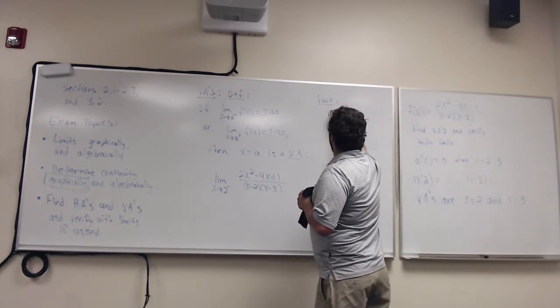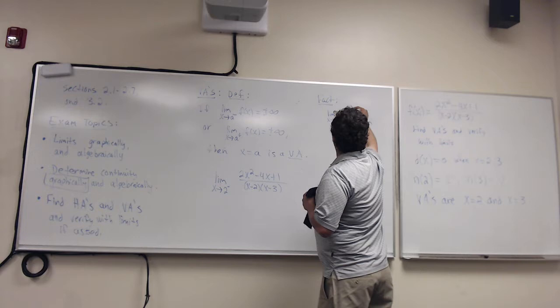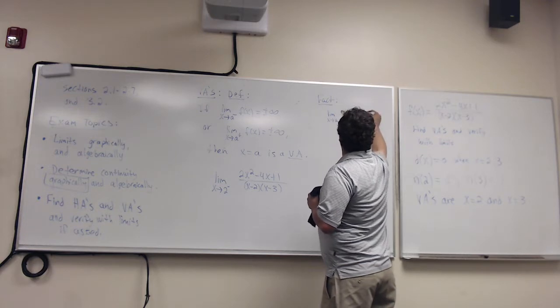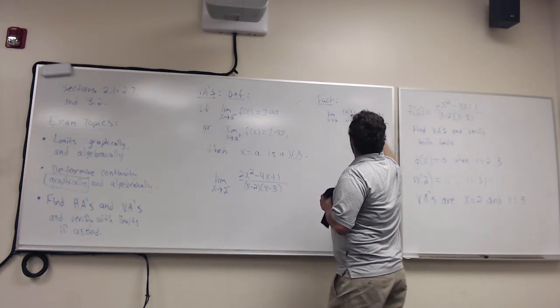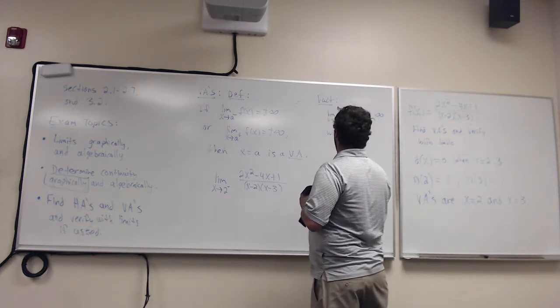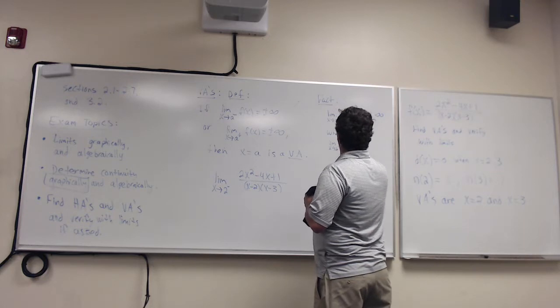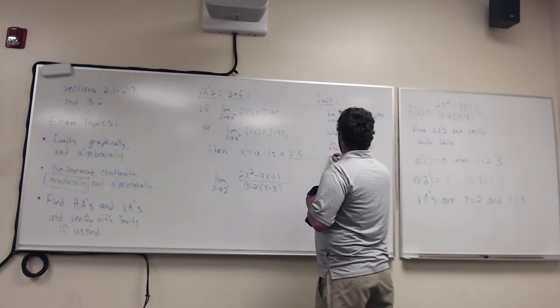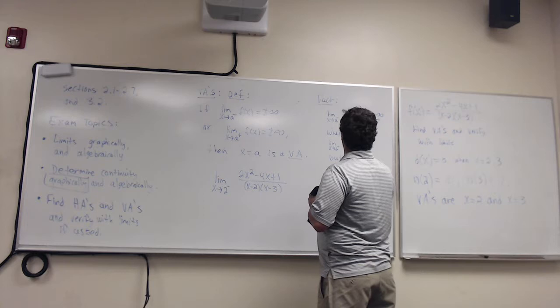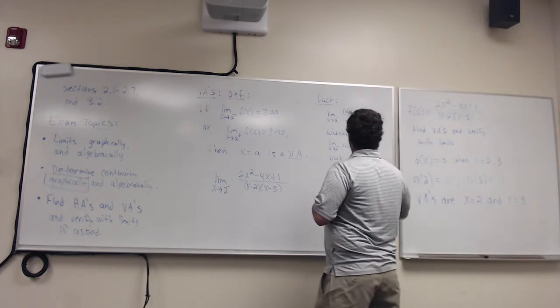So, the limit as x approaches a of, let's write it this way, n of x over d of x, will equal plus or minus infinity whenever, let's do left-hand limit, the limit of the numerator is not equal to 0, but the limit as x approaches a of the denominator does equal 0.